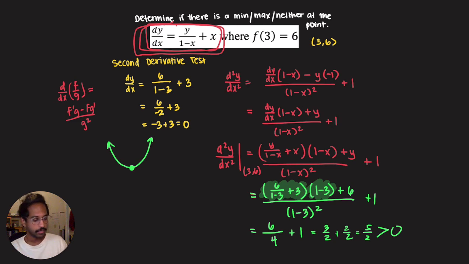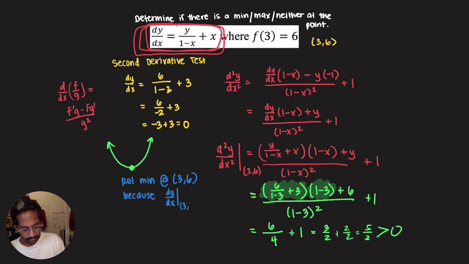And so our final answer, which I will write in blue, is that we have a relative minimum at 3, 6, because dy/dx at 3, 6 equals 0, and the second derivative at 3, 6 is greater than 0. And there's our final answer.